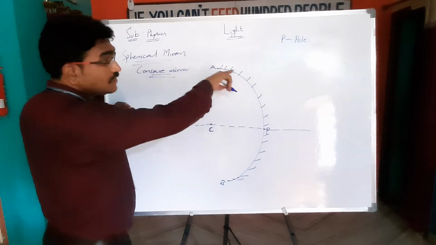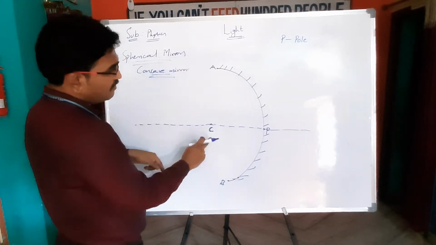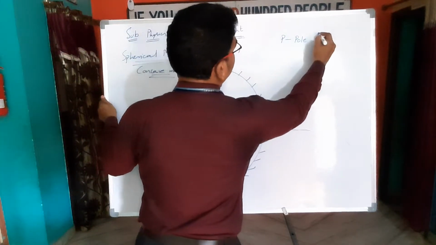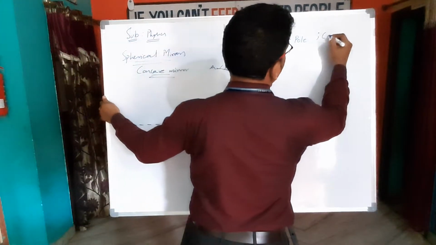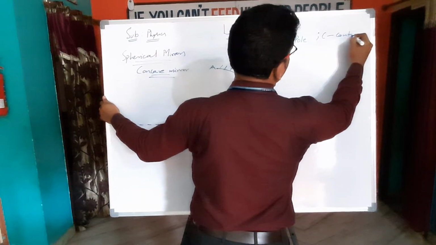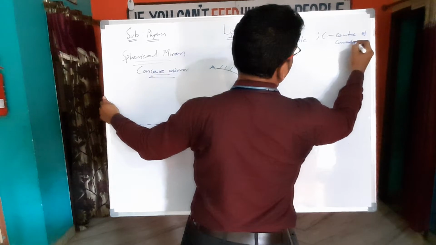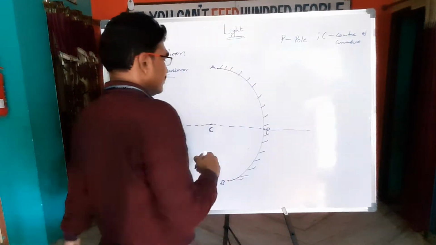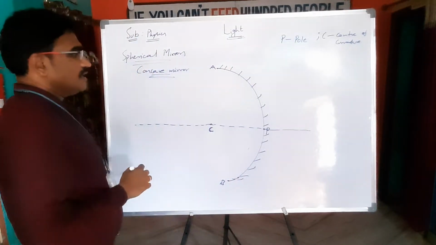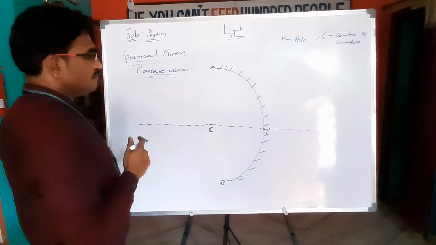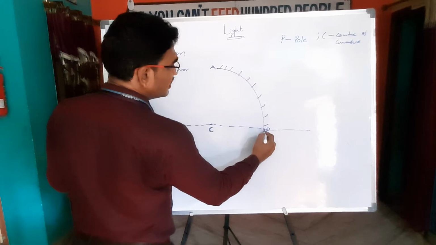And now for this spherical mirror AB, the C is acting as the center of curvature. C for center of curvature.